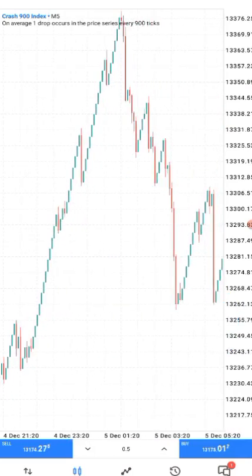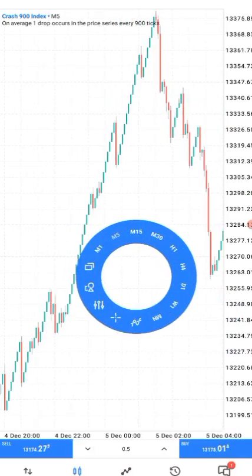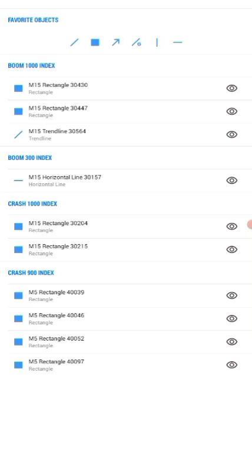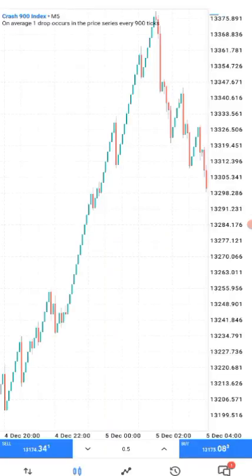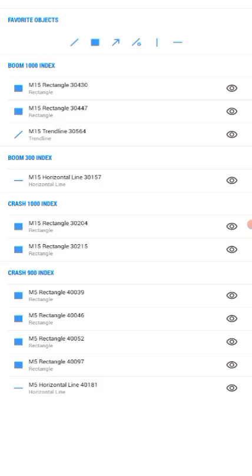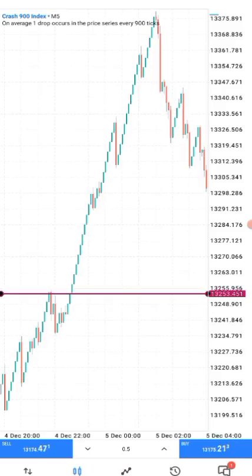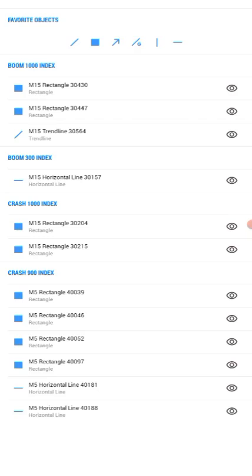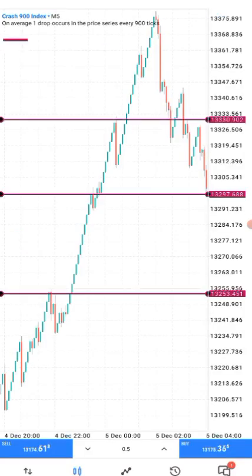If you look at this place here, this is a key area of reversal. This is another key area of reversal. This is another key area of reversal.